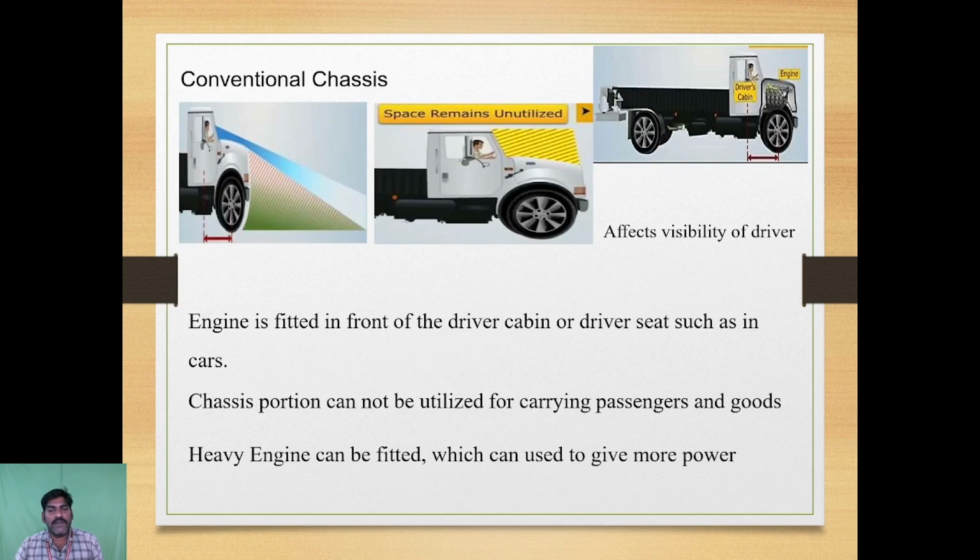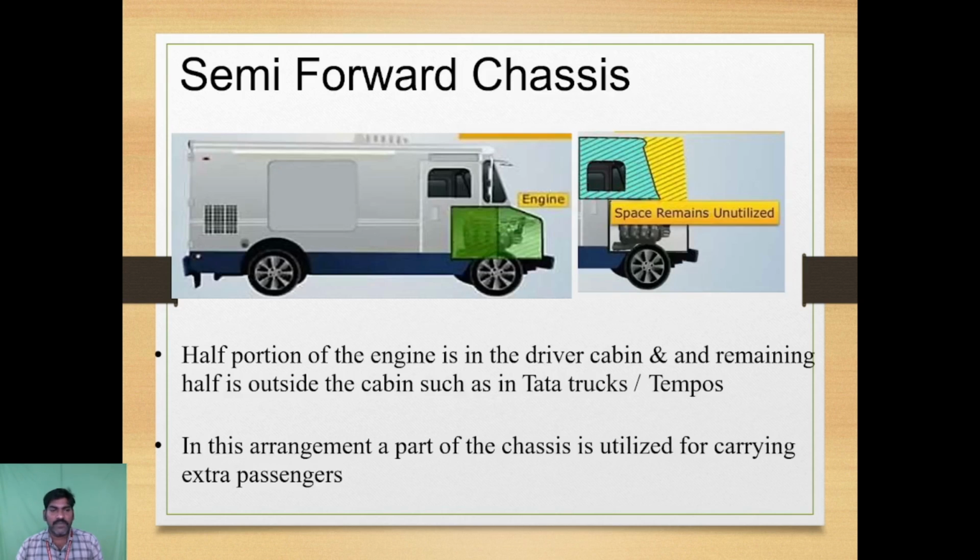Conventional chassis affects the visibility of the driver. First one, the engine is fitted in front of the driver cabin or driver seat, such as in a car. Second, the chassis portion cannot be utilized for carrying passengers and goods. Third, a heavy engine can be fitted which can give more power.